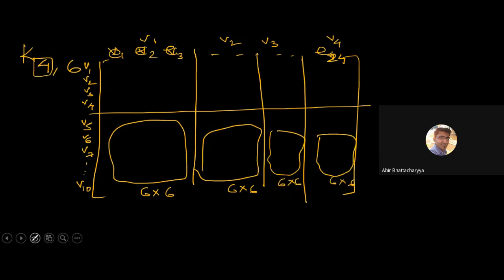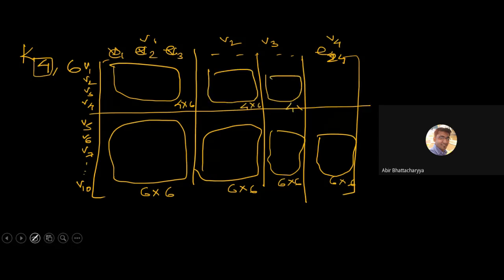Is that okay? And what is the order of this matrix? It is going to be 4 by 6. This is going to be 4 by 6, this is 4 by 6, and this is 4 by 6. So how many blocks? 8 blocks. What Misbah told me initially. You told me, right? 8 blocks? Yes. So there will be a total of 8 blocks.